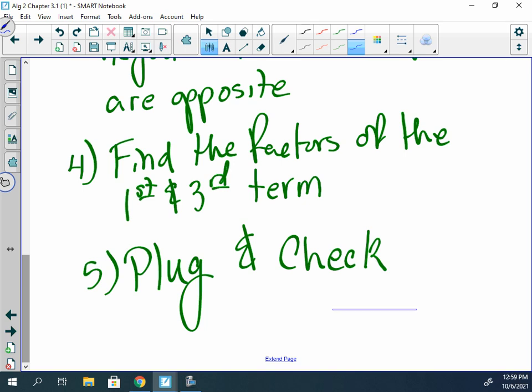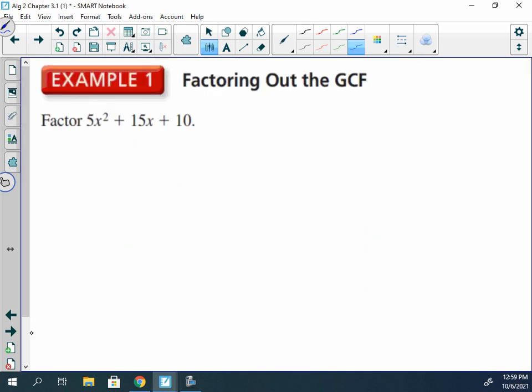Now, as confusing as those steps seem, they're actually going to flow quite seamlessly. So when we look at this first one, we want to factor 5x squared plus 15x plus 10. Is there a greatest common factor? Well, 5. 5 will divide into all 3, yes?